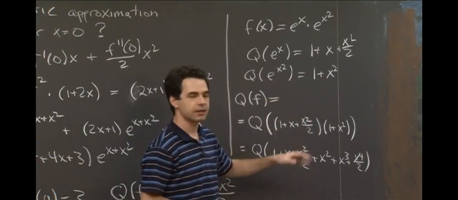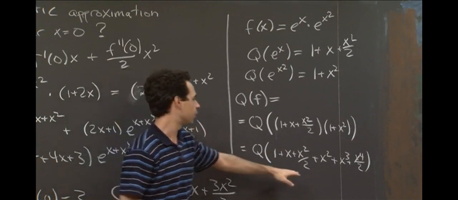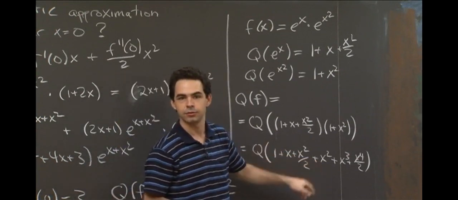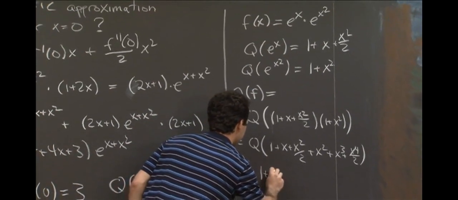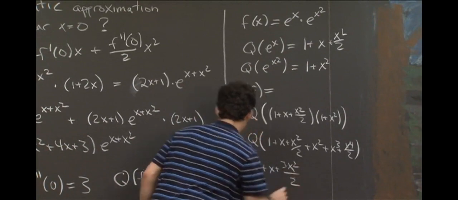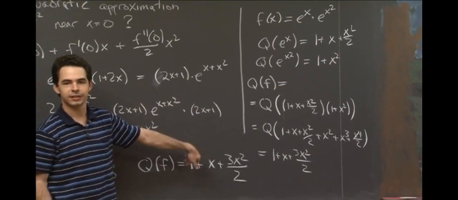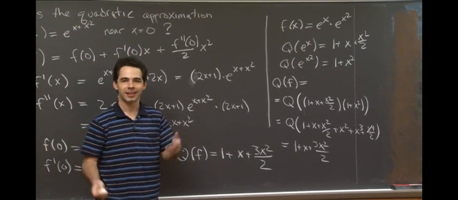The quadratic approximation we get just by dropping the cubic and quartic terms, and we can add the two square terms together. So this is equal to 1 plus x plus 3x squared over 2. Luckily, doing the same problem two different ways, we get the same answer, which is what should happen. So that's that.